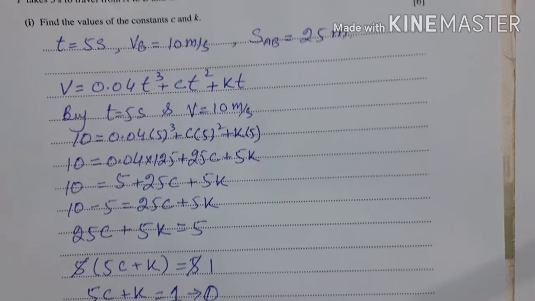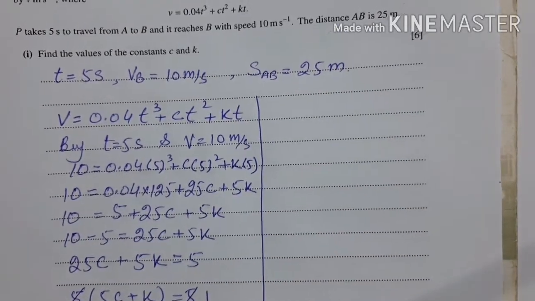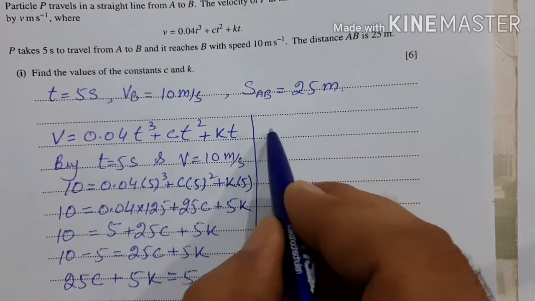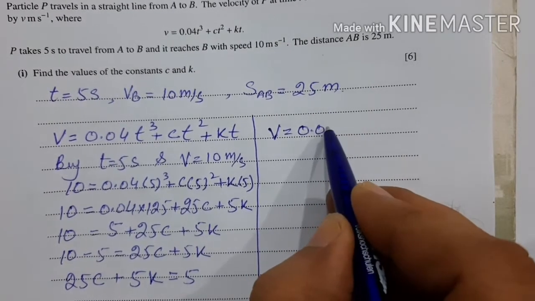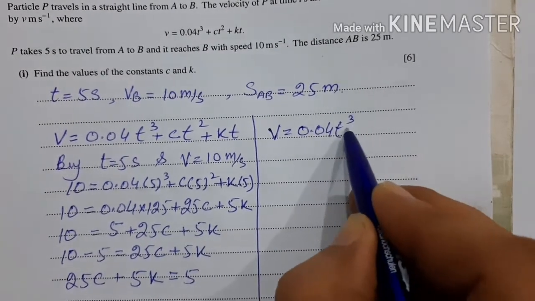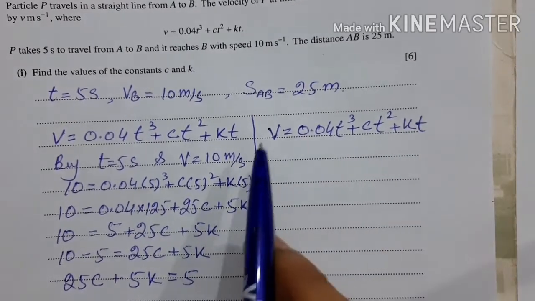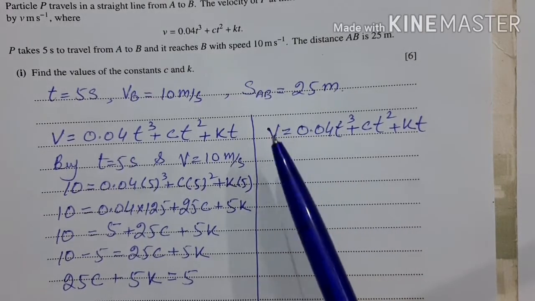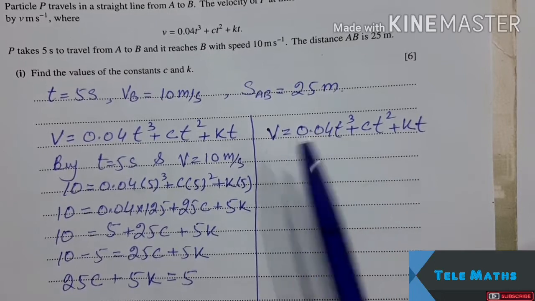Now again I will start from the expression v is equal to 0.04 t cube plus c t square plus k t. Now as you see, the distance is also given. It means you should figure out that I need a distance expression as well.